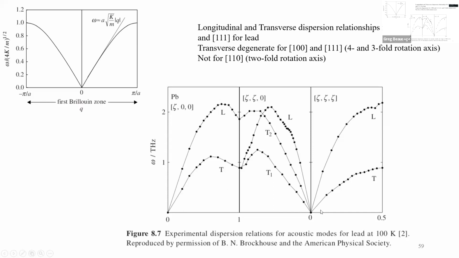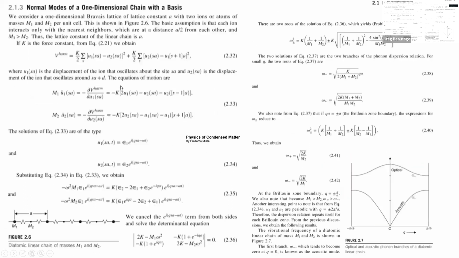All of them go to 0 at 0. The way it's plotted, you can see it's going to repeat itself on the other side, so they only show one half of it. You can see this for the 100 type planes, this is 110 types and 101 types. So basically, those are the acoustic vibrations you get.